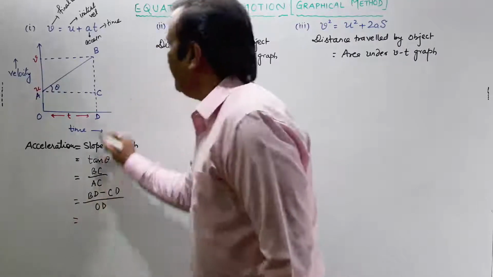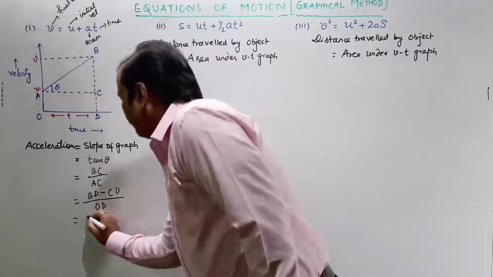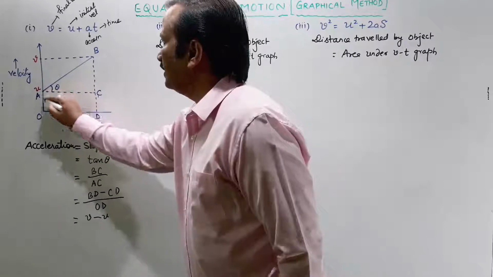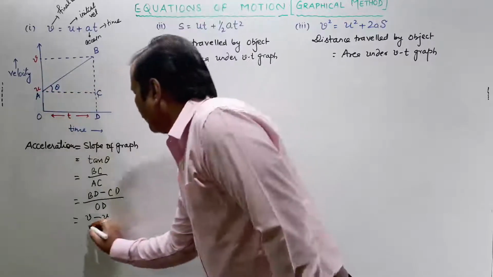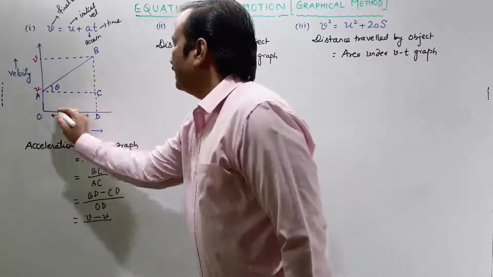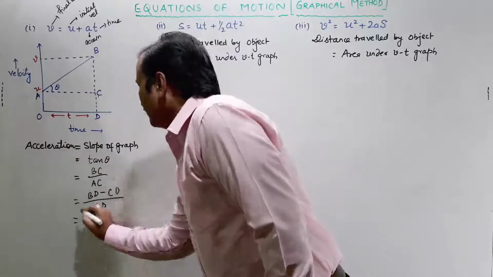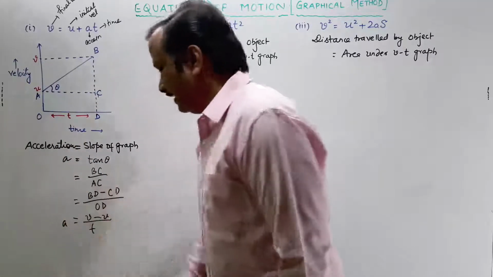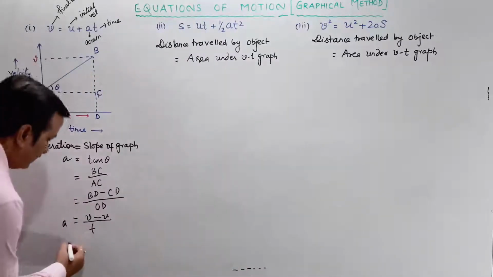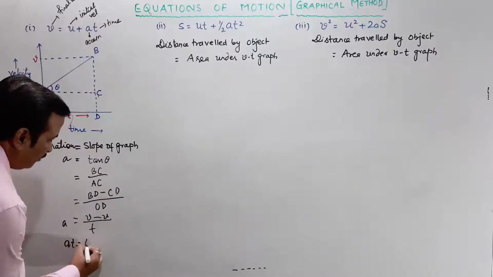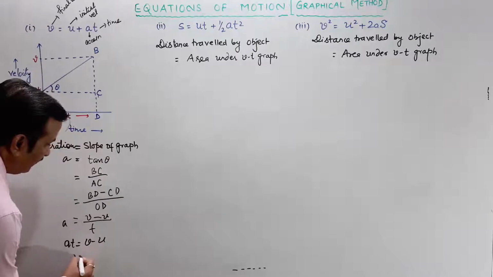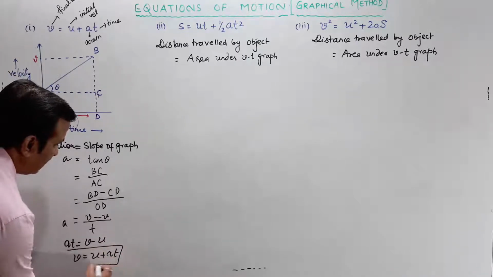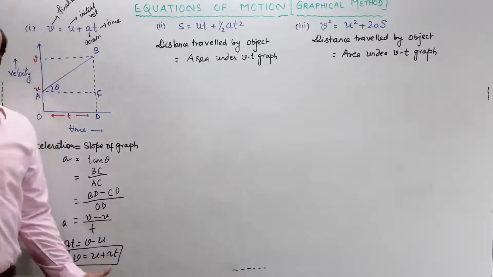BD is the final velocity V. CD is nothing but U, as these two are parallel. OD is nothing but T, and this is what we have got, acceleration A. So you can see here we have AT equal to V minus U, V is equal to U plus AT. This is how we will be deriving it.